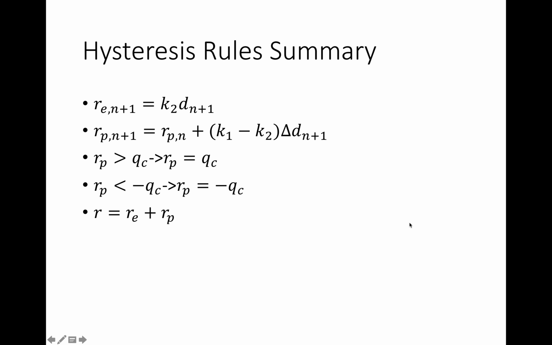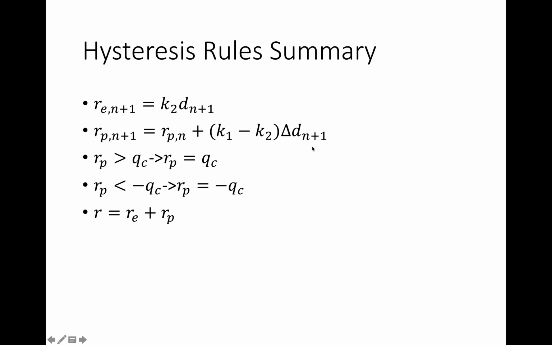So let's summarize the hysteresis rules here to calculate the force. Firstly, we calculate the elastic part force by K2 multiplied by d n plus 1. And then we calculate the n plus 1 step plastic part force: the last step's plastic force plus the incremental of K minus K2 times d n plus 1.